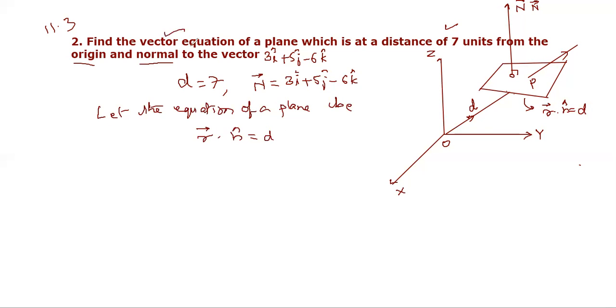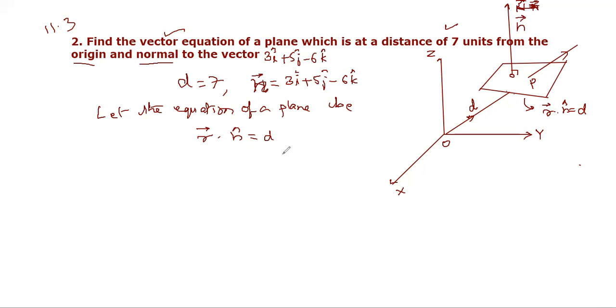And they have asked for the vector equation, not the Cartesian form. So for n, either you use capital N or small n, it doesn't matter. We can use the small n.